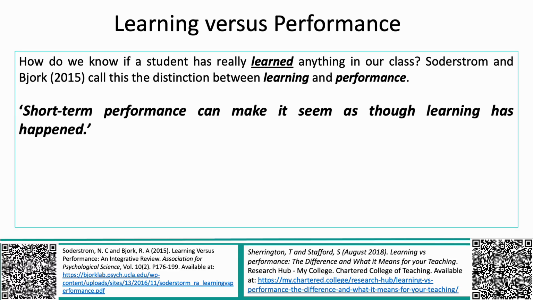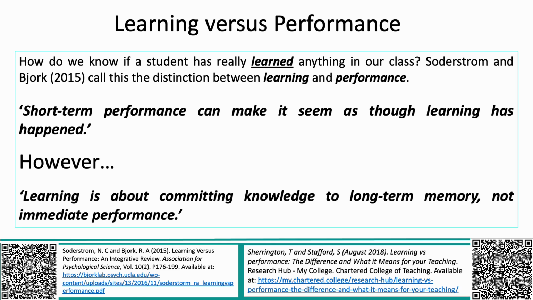And this is what Soderstrom and Bjork consider: the distinction between learning and performance. Learning is the relatively permanent changes in behaviour or knowledge that support long-term retention and transfer, whereas performance is the temporary fluctuations of behaviour or knowledge that are observed and measured during training or instruction or immediately thereafter.